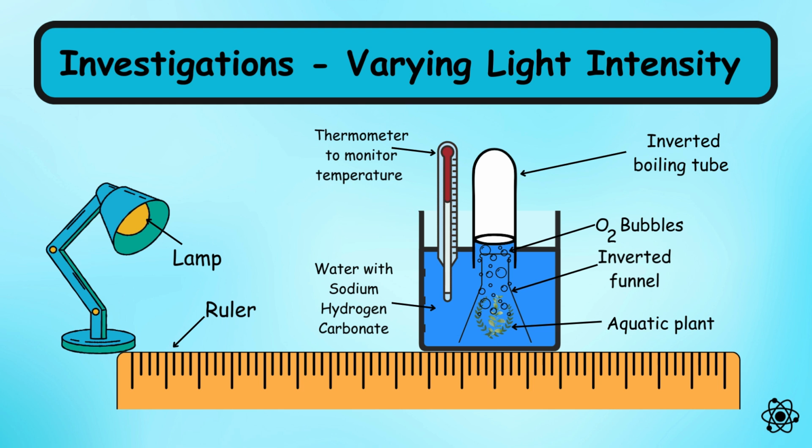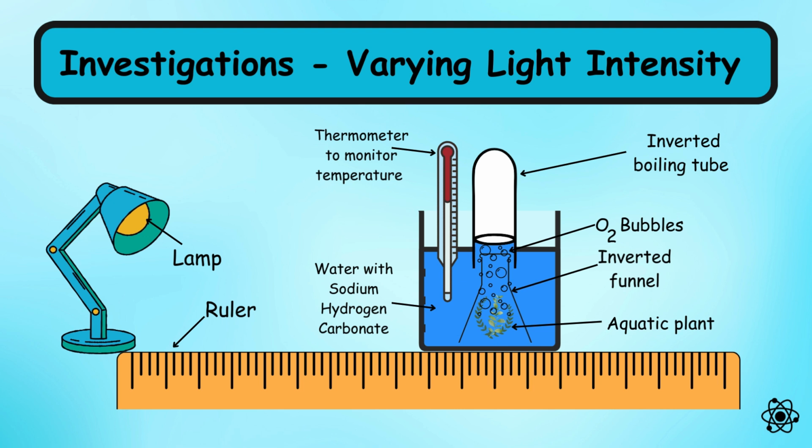So, for investigating the effect of changing light intensity on the rate of photosynthesis, the setup may look like this. A photosynthesizing aquatic plant is placed in a beaker of water with sodium hydrogen carbonate. An inverted funnel is placed on the plant and an inverted boiling tube is placed on the end of the funnel.